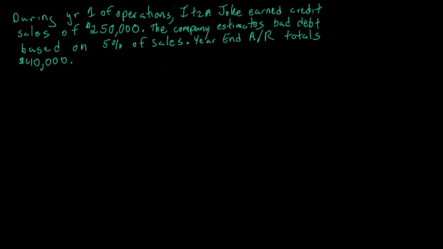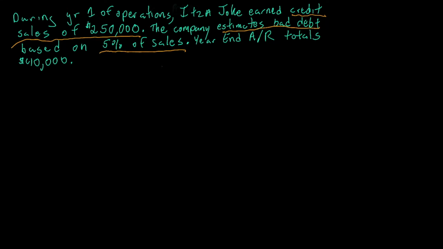Before we get into the directions of this problem, I want to identify some key words in here. Credit sales obviously mean that the company was selling on account. Estimates bad debt based on 5% of sales. The fact that they said it was 5% of sales, gang, lets us know that we are practicing the allowance method.